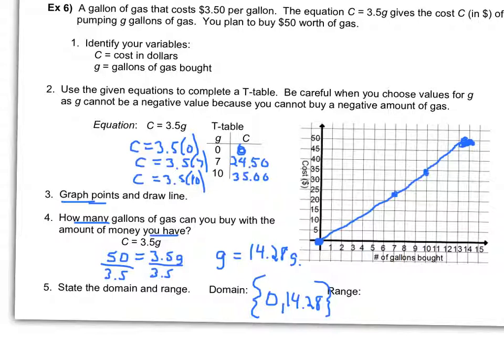And then your range starts here and goes all the way up, and the total cost that you can spend is 50. So your range also starts at 0 but goes up to 50. And that's how we work that with a real life situation.